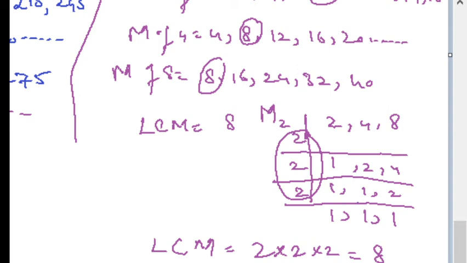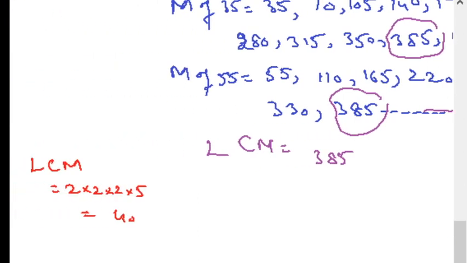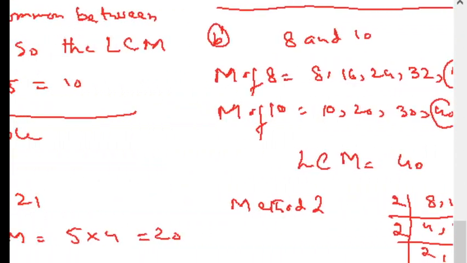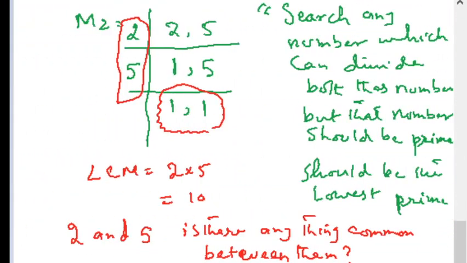Okay. Now let's go to another question. Now I'm doing part H here. Part H is 4, 5 and 6.